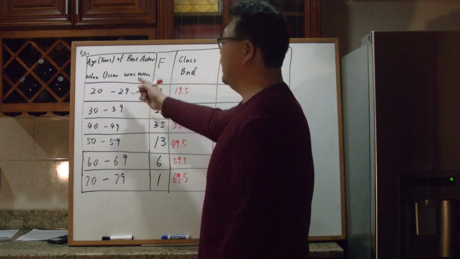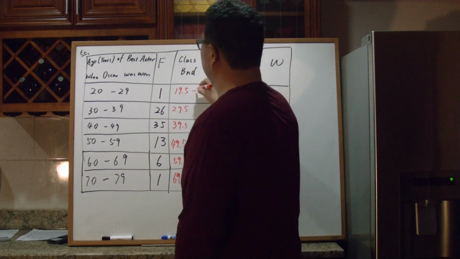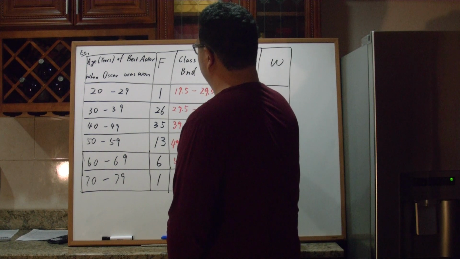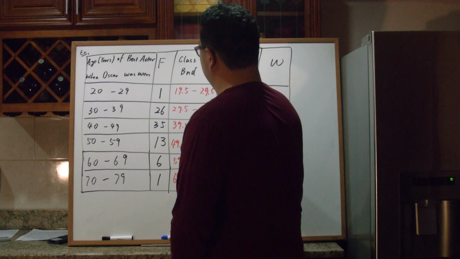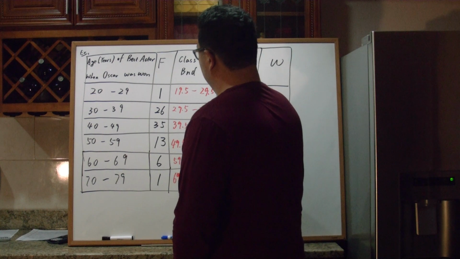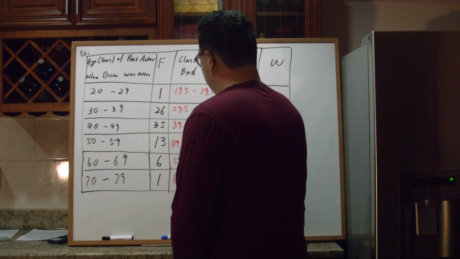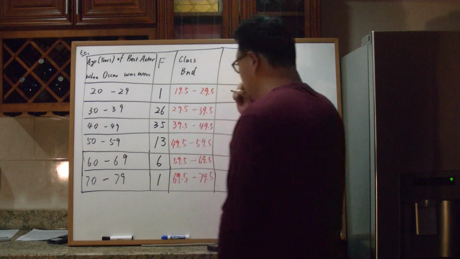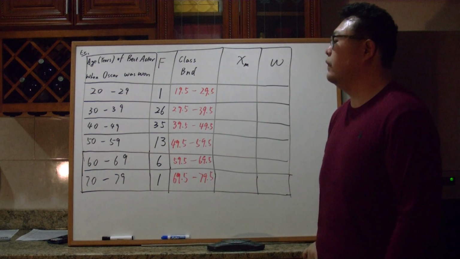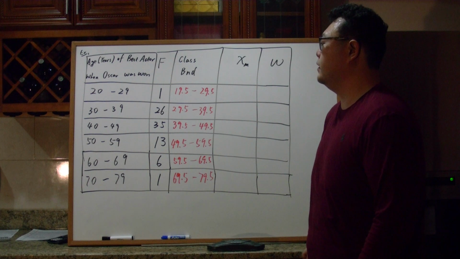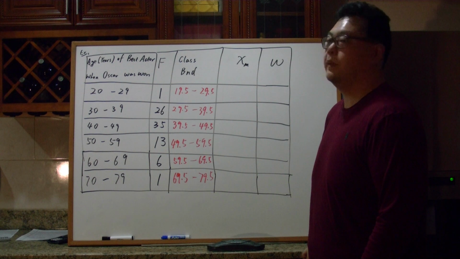And for the upper boundary, we add 0.5 to it: 29.5, 39.5, 49.5, to 69.5, to 79.5. We add 0.5 to the upper limit to get the upper class boundary. Right, that's for class boundaries.